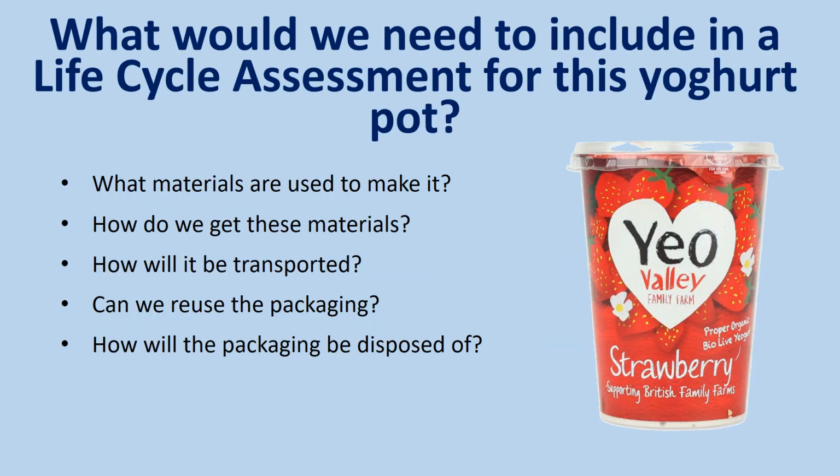So if you wanted to do a life cycle assessment for the yogurt pot, you'd have to think about what materials are used to make it, how do we get these materials, how will they be transported, can we reuse the packaging, how will the packaging be disposed of? All of those questions would have to be answered.